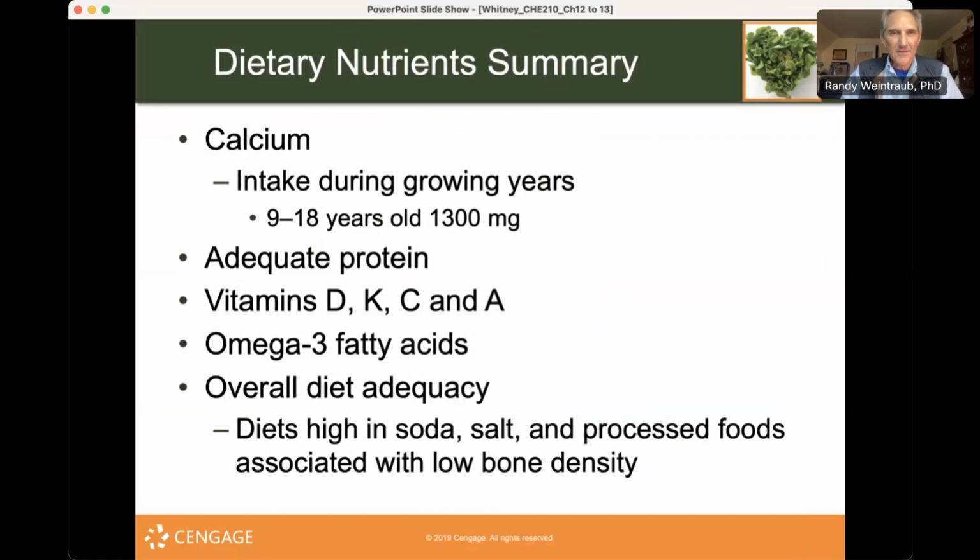So dietary nutrients summary that we've spoken about. Calcium, so important, especially in the growing years. Adequate protein, we've heard that throughout. Vitamins, the fat-soluble vitamins, and vitamin C, very important. Interactions with the minerals. Overall, dietary adequacy, very important.